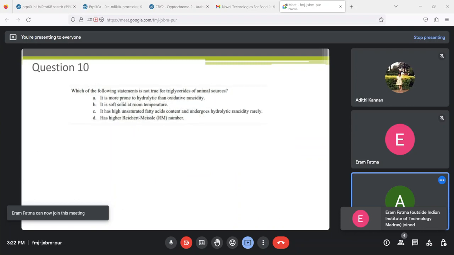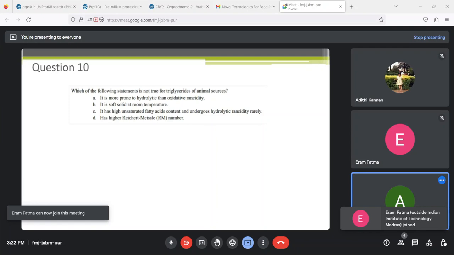Moving to question 10. Which of the following statements is not true for triglycerides of animal sources? A. It is more prone to hydrolytic than oxidative rancidity. B. It is a soft solid at room temperature. C. It has high unsaturated fatty acid contents and undergoes hydrolytic rancidity rarely. And D. It has higher Reichert-Meisel number.